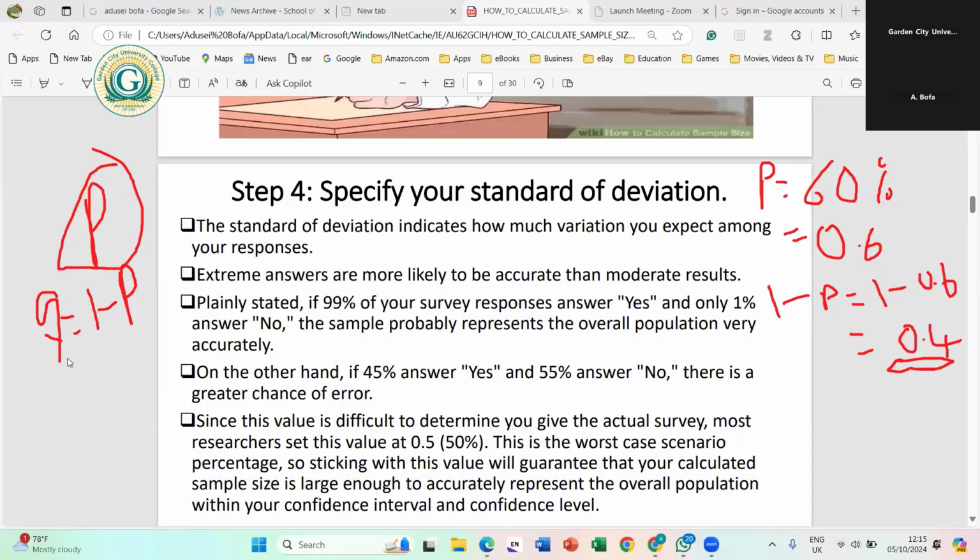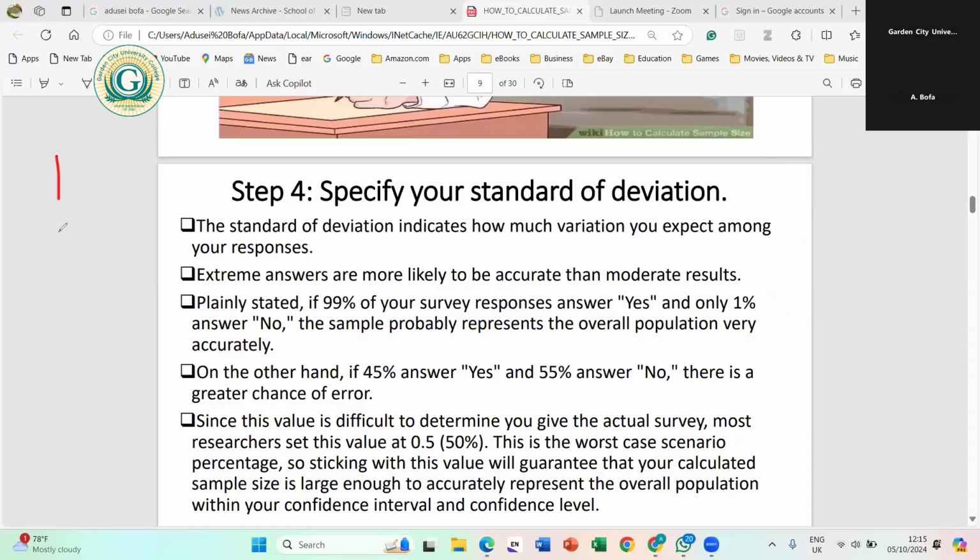We are fortunate that someone did the work some time ago and found out that P, the rate of malaria in Garden City, is 70%. Then it means that it is going to be 0.7. If you are fortunate and you have that, then you are good to go. You don't have any problem.